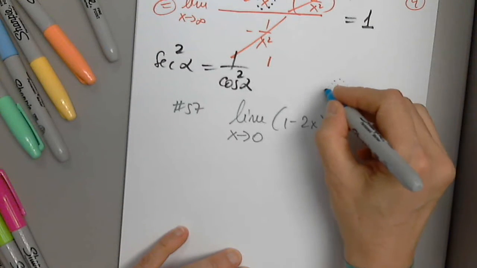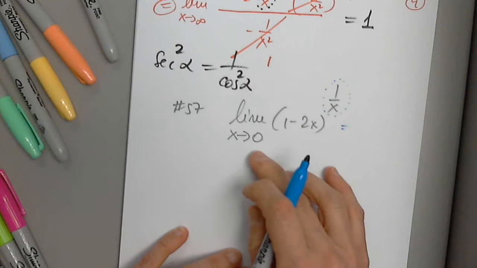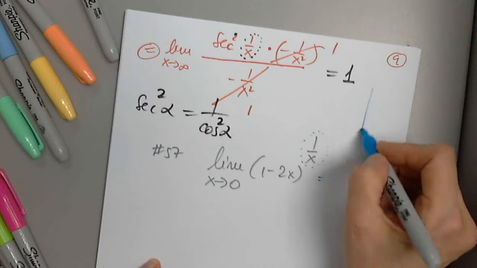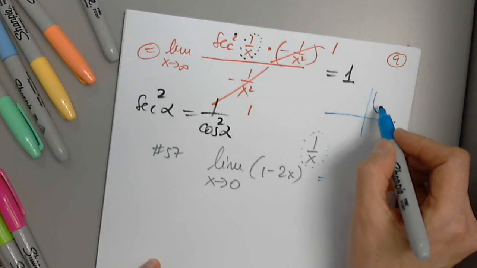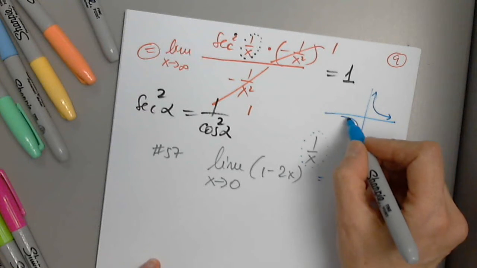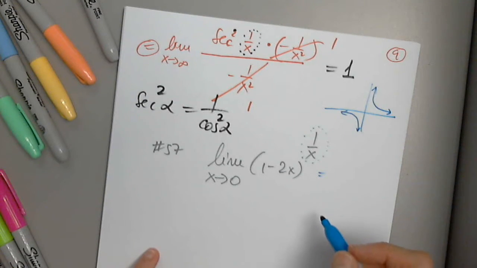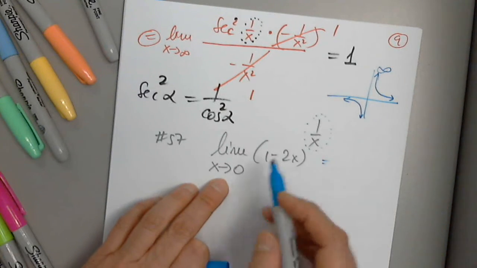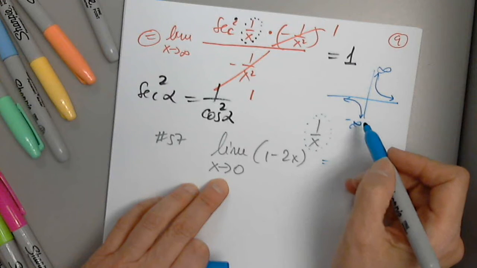Where does this go when x approaches 0? You can say, oops, because we know the graph of this, right? So when x approaches 0 from the right, it's infinity. 0 from the left is negative infinity. Which one?